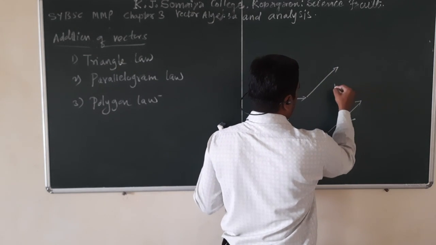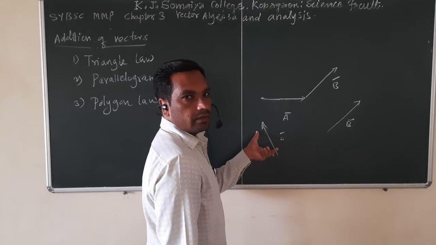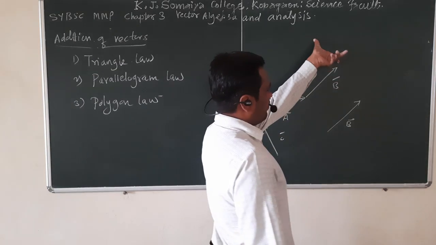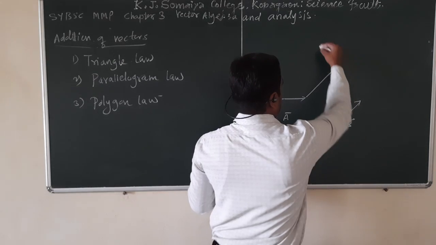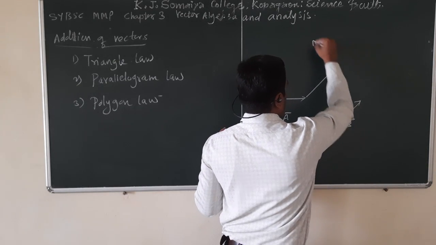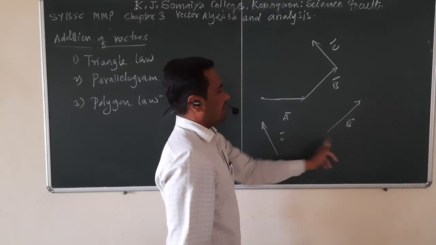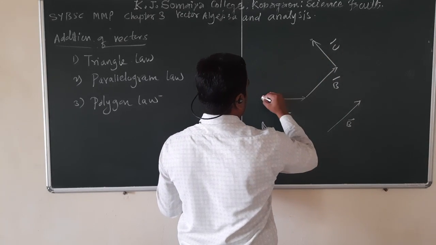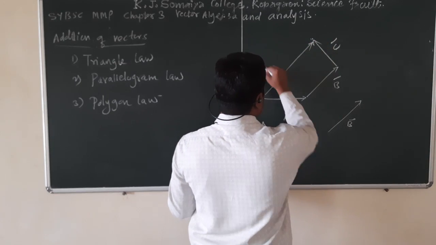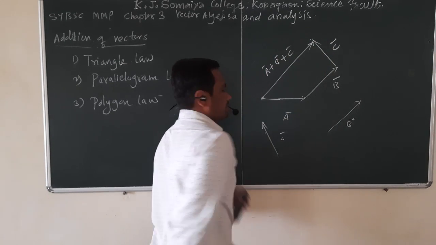Now take vector c and keep it over here. Remember, these are identical vectors. Now this is the starting point, this is the ending point. So join these, and this is nothing but vector a plus b plus vector c.